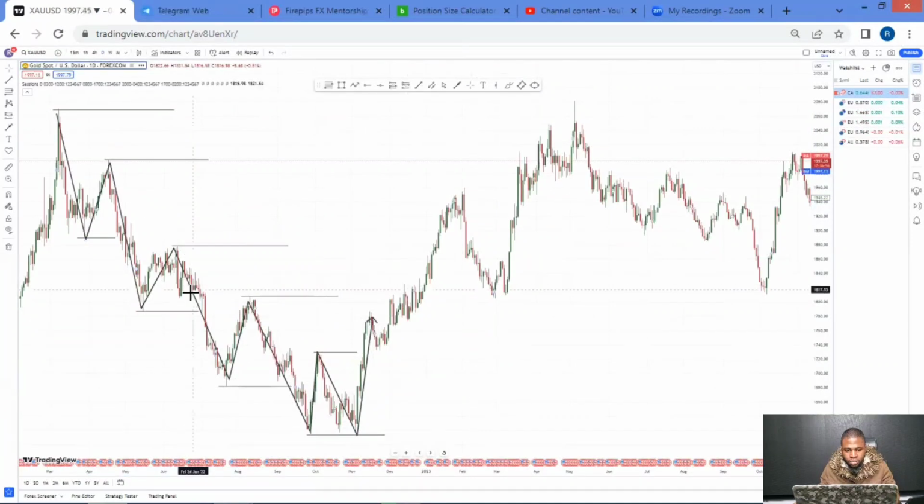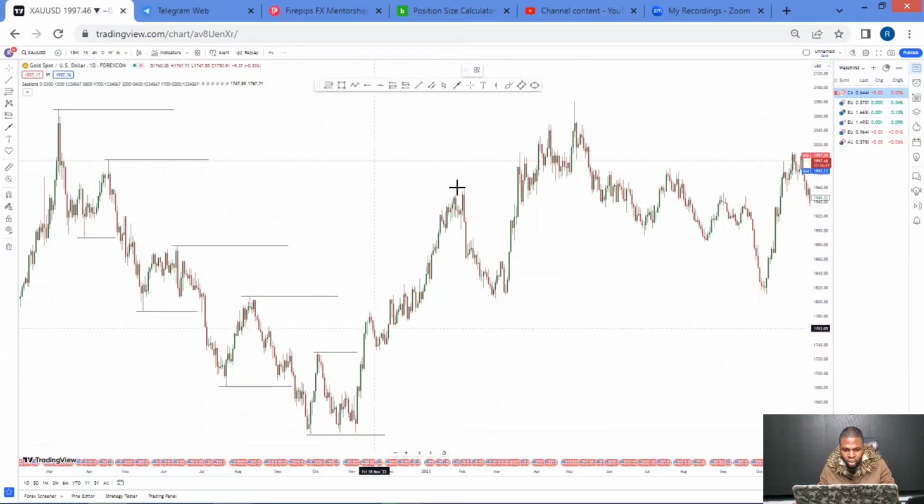Where is it? I'm coming. So now this is a new low, and we have this point here as our new high on this time frame. So now, marking my high and low on this time frame, this is a major structure. Are you getting it?